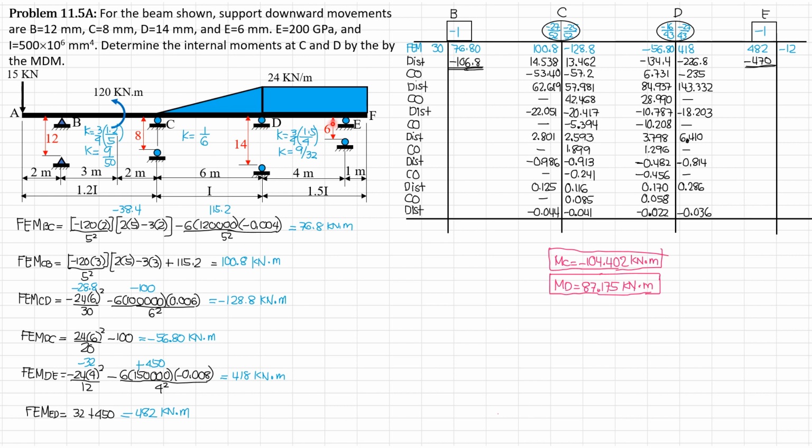Then again, DE, we have an overhang, and I treat again E as the last support, roller support, and I just transmit the equivalent loading in the overhang here, which is 24 times 1. So imagine there is 24 kilonewton downward, which has no effect in the bending moment because it is acting over the support.